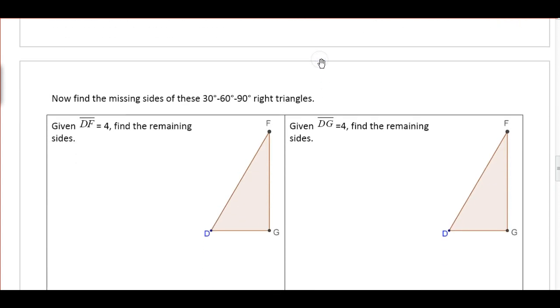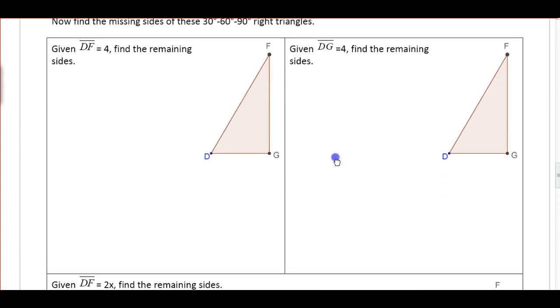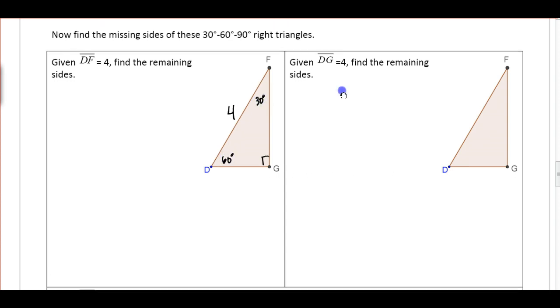So let's take a look at a couple examples here. For this first example, we're going to let DF equal 4. So here's DF, and that's going to be 4. And what I usually like to do is go through and label my sides with the ratio.